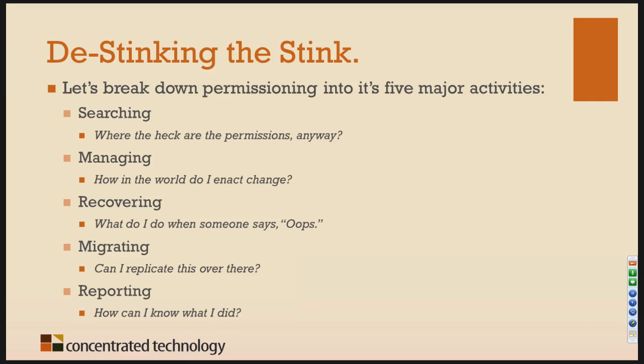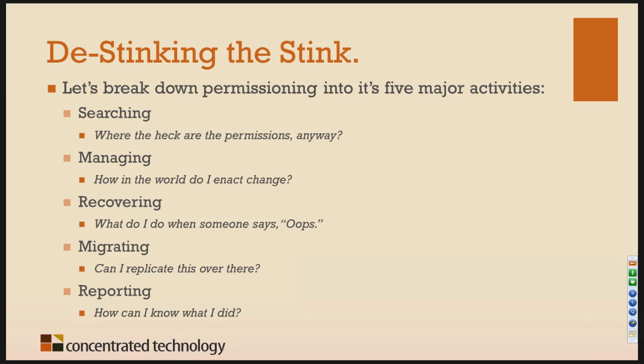But the command line tools are in many ways just as complex as using the graphical user interface. A lot of times the hard part really is just figuring out where the permissions are and trying to troubleshoot exactly where they are. So the guys from Quest, ScriptLogic, and I have taken the time to break down the whole permissioning activity into its 5 major tasks.